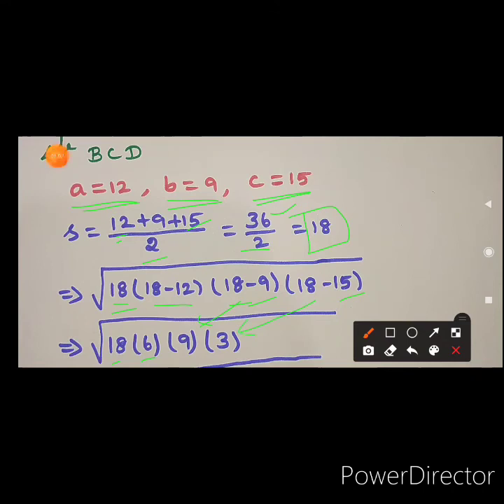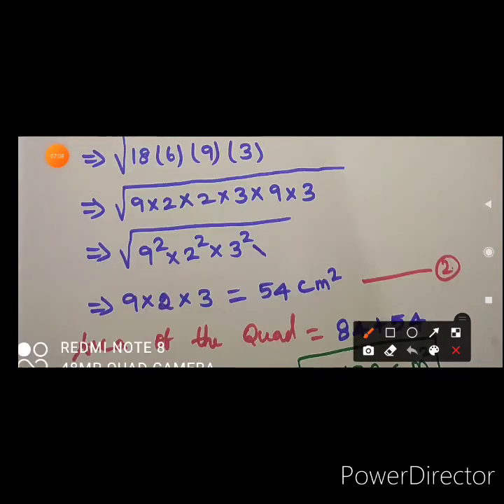Now we are simplifying. 18 is equal to 9 into 2. 6 is equal to 2 into 3. 9 is as it is. Why? Because here also 9. So 9 as it is, 3 also as it is. Corresponding terms we are merging. 9, here also 9.